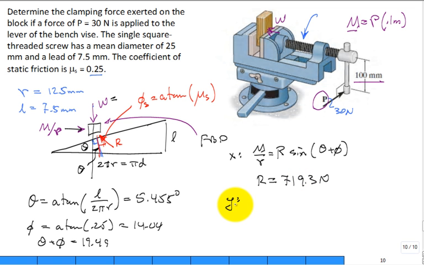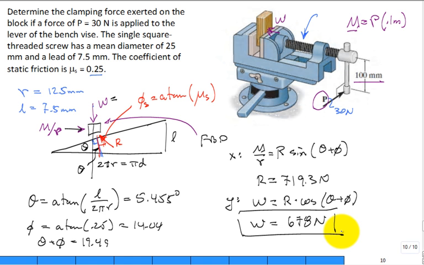Then go to the sum of the forces in the y. You want to solve for the lift W. That's R, what we just solved for, times the cosine of theta plus phi. And so you're able to solve for the lift, which is 678 newtons. That's the clamping force.